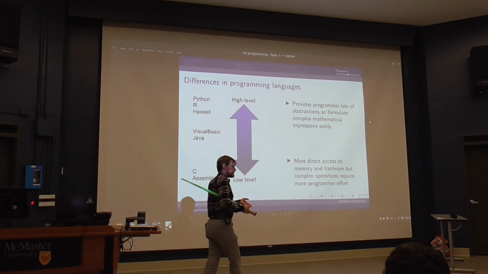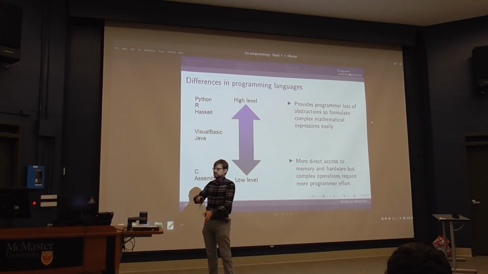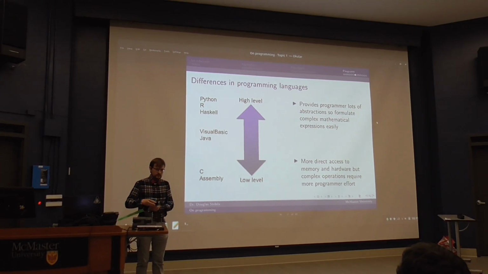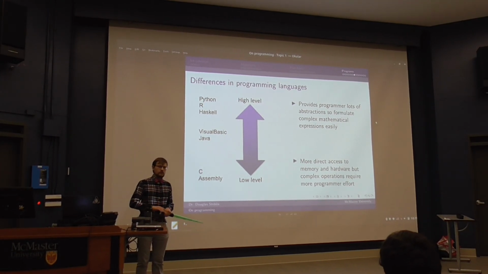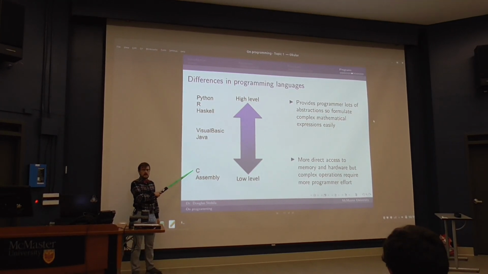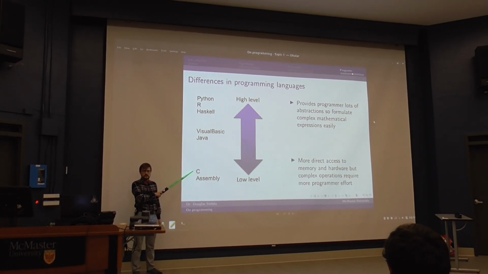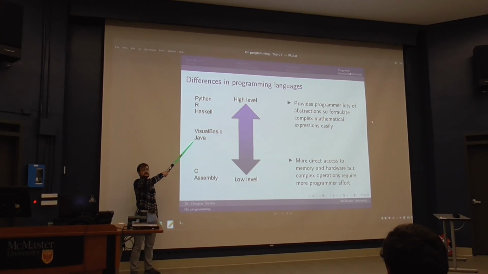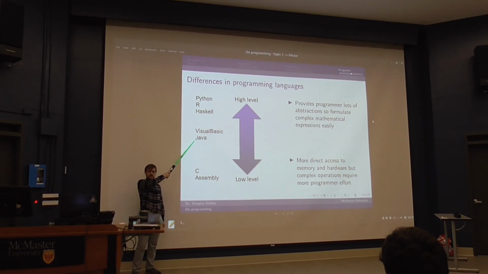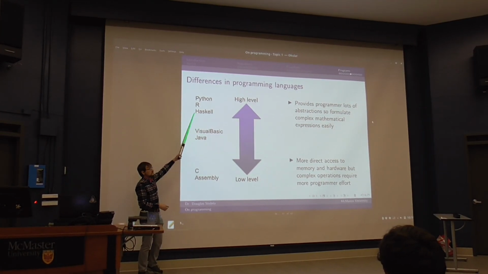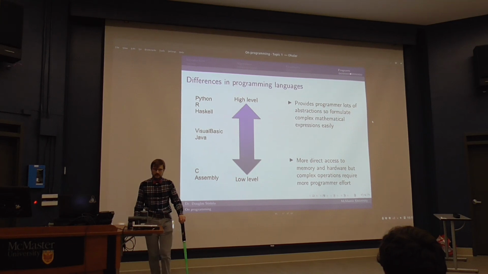But you also fold into that the types of mathematical abstractions which are available to the programmer. So, for example, C, which does not contain any object-oriented semantics, is a lower-level language than Java, which does have object-oriented. Java is a lower-level language than Haskell, which is based on the functional paradigm.